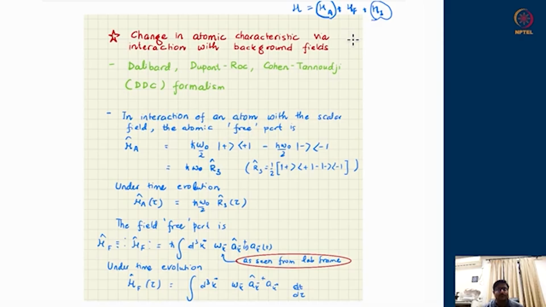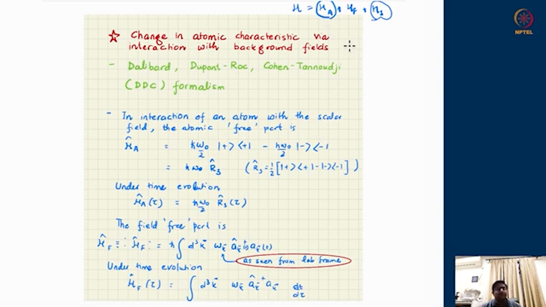So the energy gap between the atom states, delta E between the excited state and the ground state, was the energy gap before the atom started interacting with the field. Once the interaction starts, delta E is no longer the energy gap between the eigenstates of the Hamiltonian of the atom.